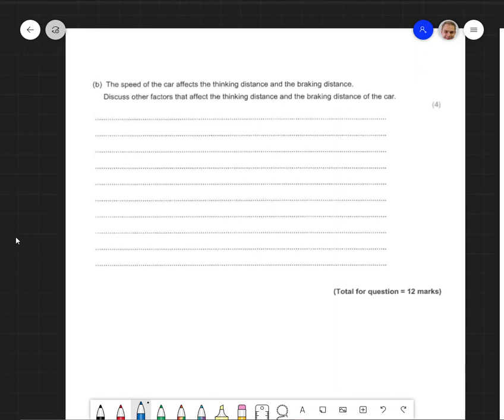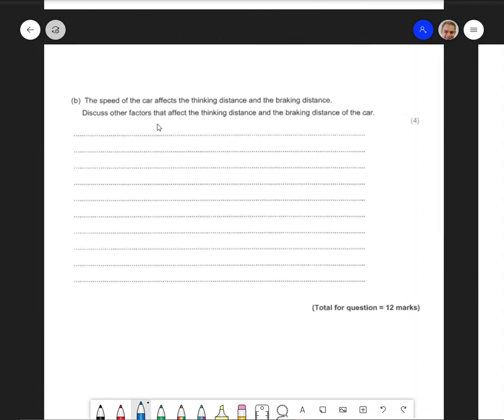Right, the speed of the car affects the thinking distance and the braking distance. Discuss other factors that affect the thinking distance and the braking distance. So this is a sort of recall, but you've got to be quite clear about which one you're talking about. First off, the speed of the car, they've said it already affects it, so you can't say speed again.